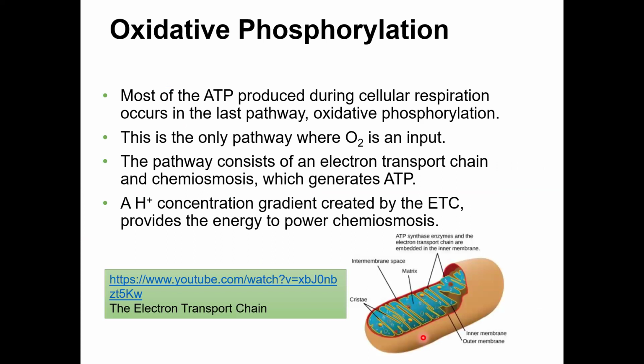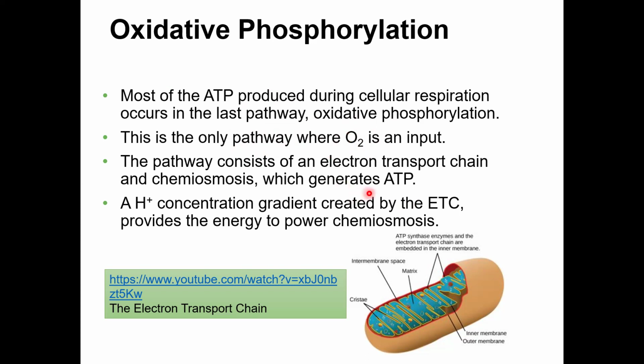So now there is a part to it that is referred to as oxidative phosphorylation. Most of this occurs in the last pathway itself, where this is the only pathway where oxygen is the input component. It's like a substrate, and the only part where it is an input.